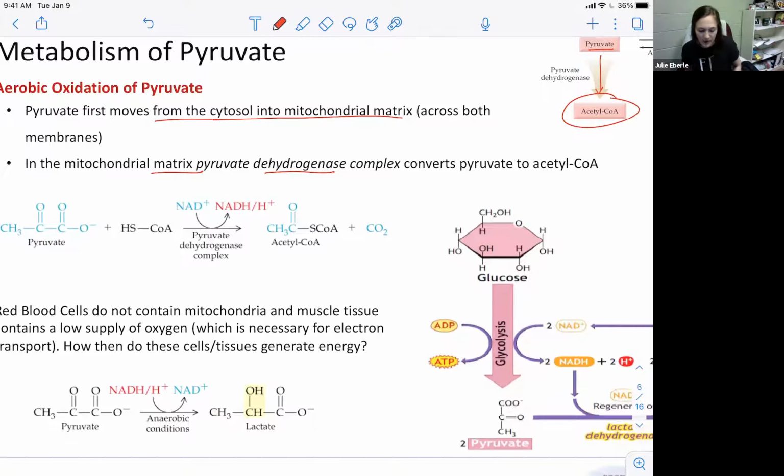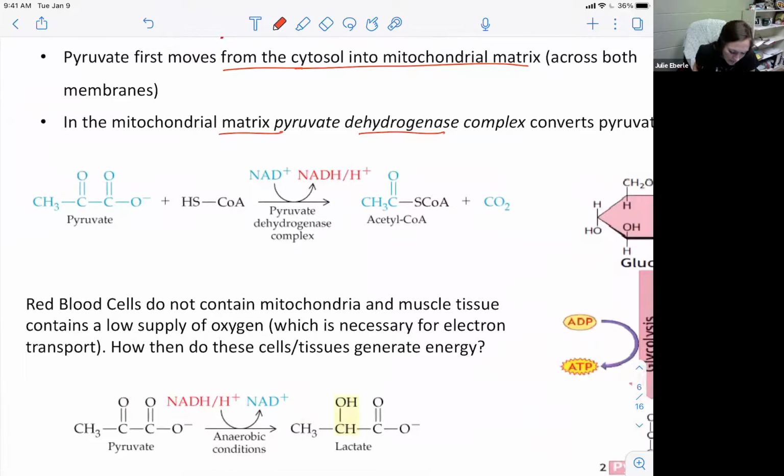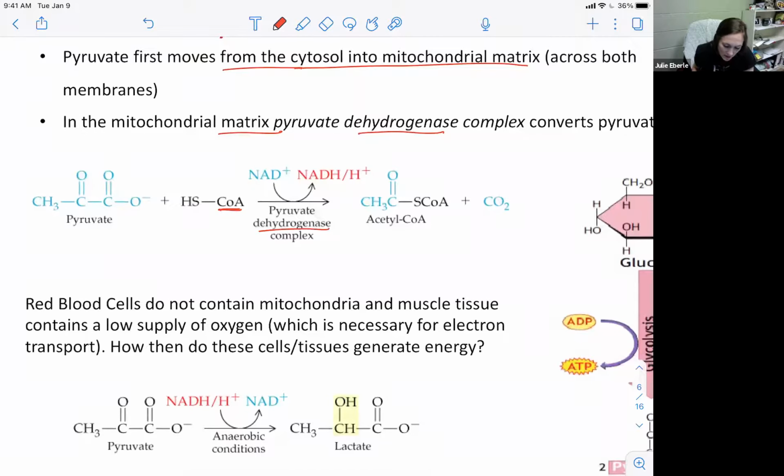It's going to convert pyruvate to acetyl-CoA, and this is what the reaction looks like. Here's pyruvate, a 3-carbon molecule. Here's the abbreviated form of coenzyme A. This enzyme, a dehydrogenase, is going to add the acetyl group, this part of pyruvate, to coenzyme A, and these will be formed together.